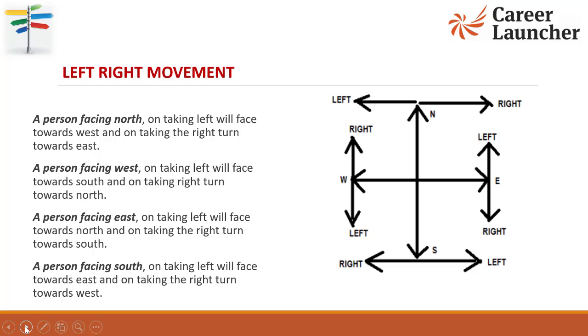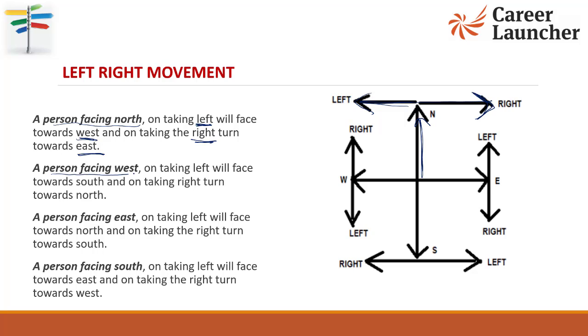Whenever a person is facing north, if he takes left, he will move towards west, and if he takes right, he will move towards east. Look at here, this person is moving towards north. If he takes a left turn, he would now be facing west. If he takes a right turn, he would now be facing east.